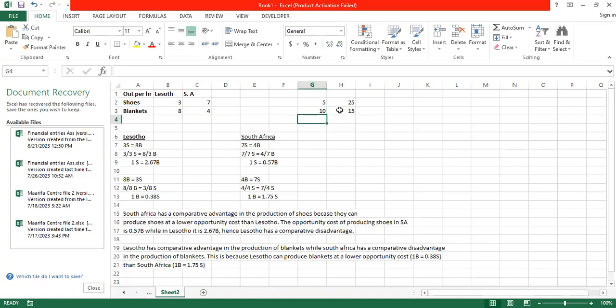So where David Ricardo came in was in situations like this, because if you assess this in terms of the theory of absolute advantage, South Africa has an advantage in the production of both of these. South Africa does 25, while Lesotho does 5. Then if you come down again, South Africa does 15, while Lesotho does 10.